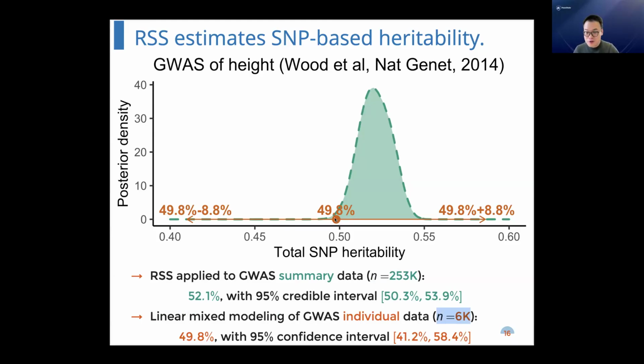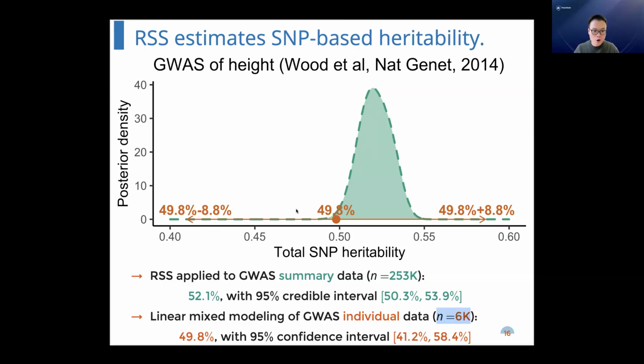First of all, very reassuringly, our posterior distribution nicely captured this estimate derived from the gold standard approach based on individual level data, which means that our new approach works as well as the traditional approach. More interesting is that if you look at the shape of our distribution, it is narrower and more concentrated compared to the 95% confidence interval that the traditional approach based on individual level data can provide.